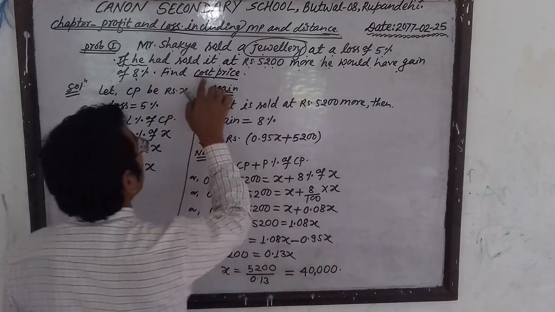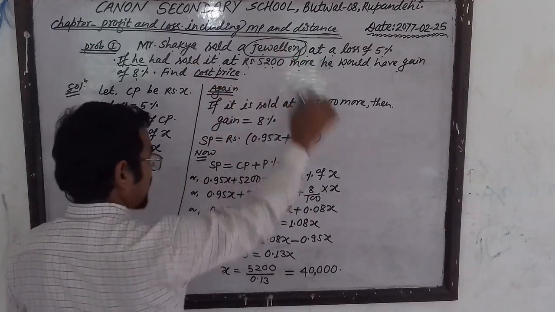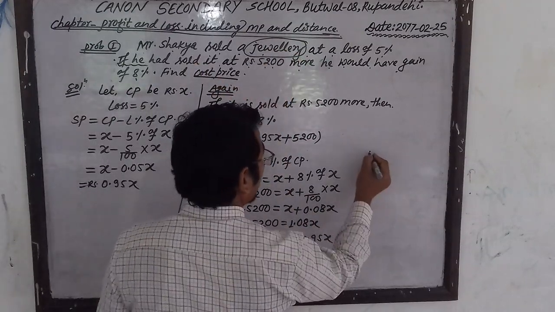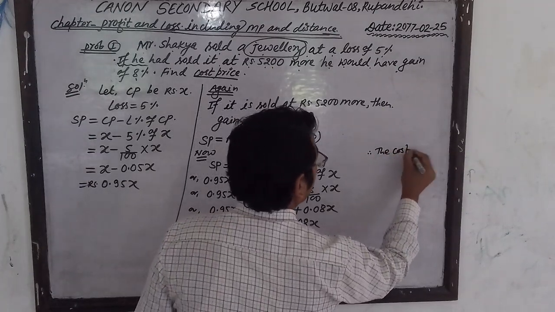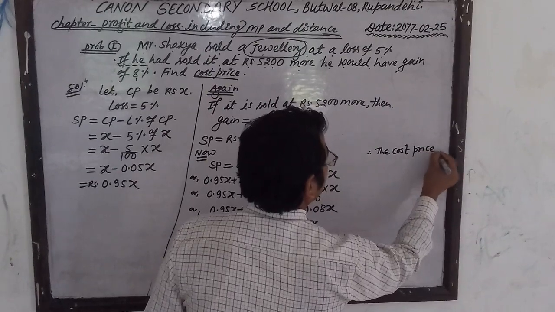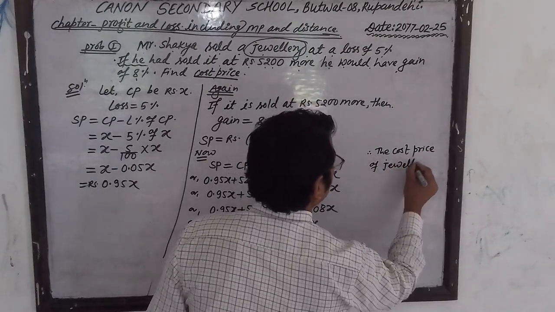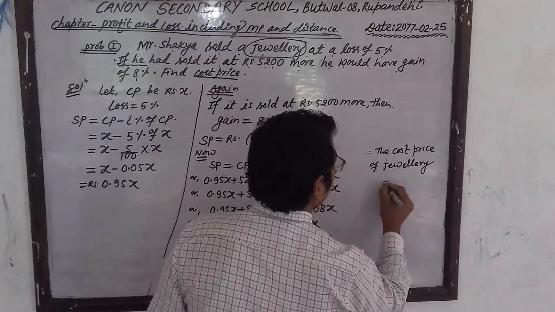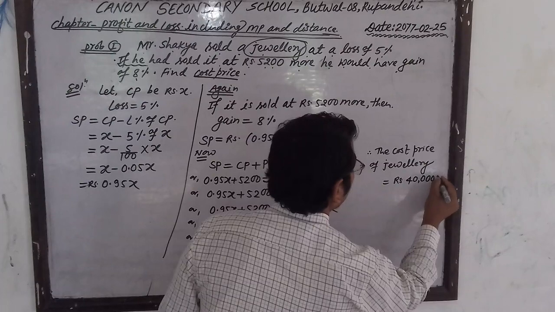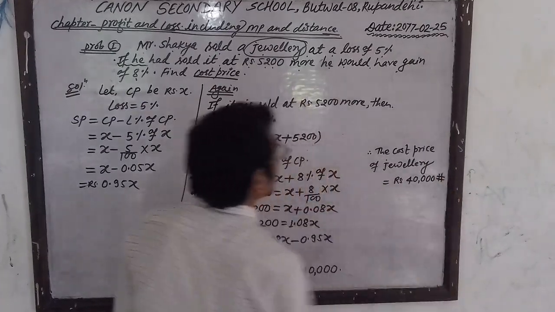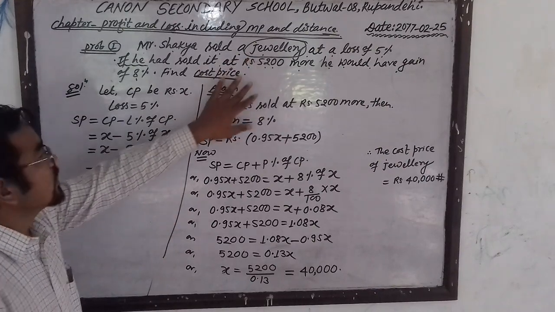Therefore, the required cost price of the jewelry is rupees 40,000. In this way we can write the answer. This is the complete solution of this question.